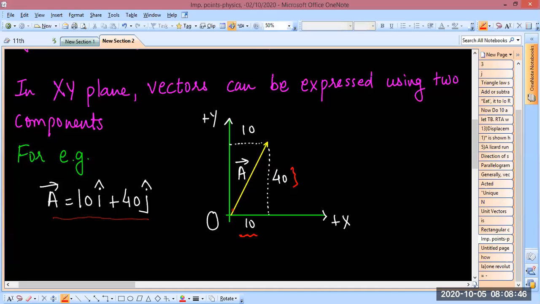So if you're going to write it in component form, then 10 is along x-axis or in the positive x direction, so 10 i caret, and 40 is along the positive y direction, so that's why 40 j caret. So this is actually true in general. In fact, we are going to practice some questions like this today, right? Okay, let's start.